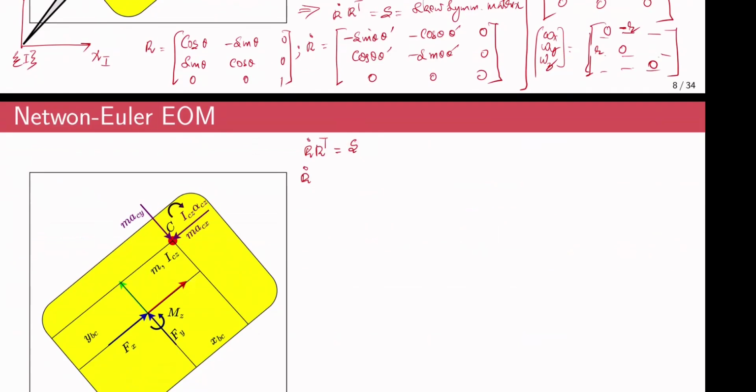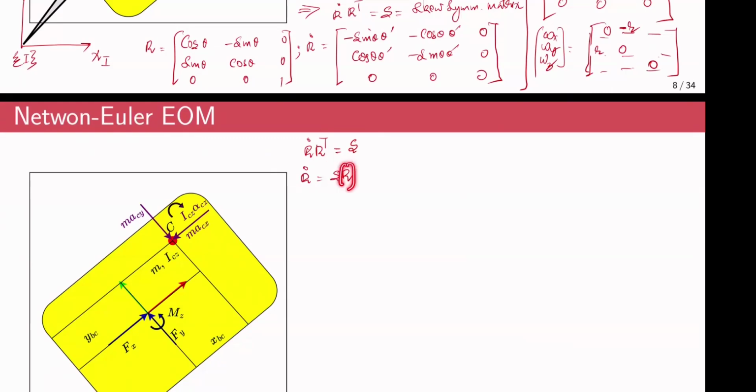So R dot is nothing but S multiplied by R, right? If you take the inverse of this transpose, inverse and transpose are equal for a rotation matrix. So it becomes R transpose transpose, or R inverse inverse, so that makes it R. We know the constituent elements of this S matrix, and we know what this R is.